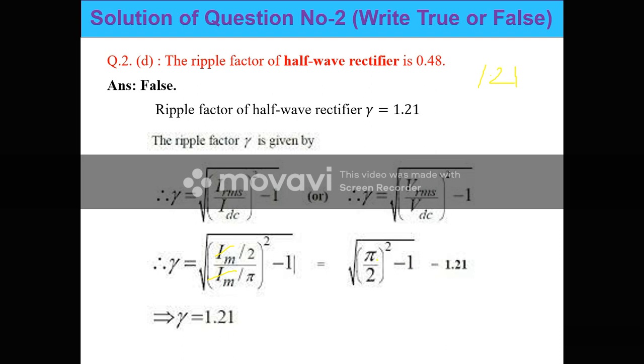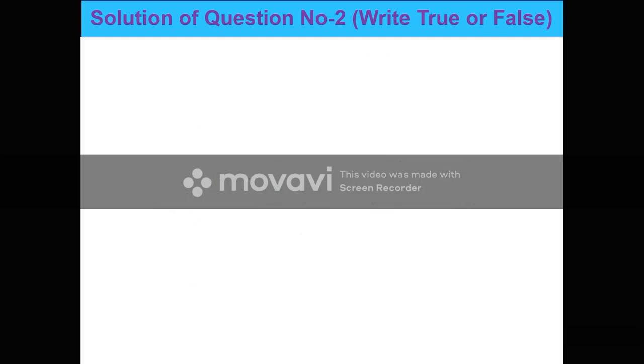With pi as 3.14, 3.14 whole square by 4 minus 1 equals 1.21. So for the half wave rectifier the value is 1.21.